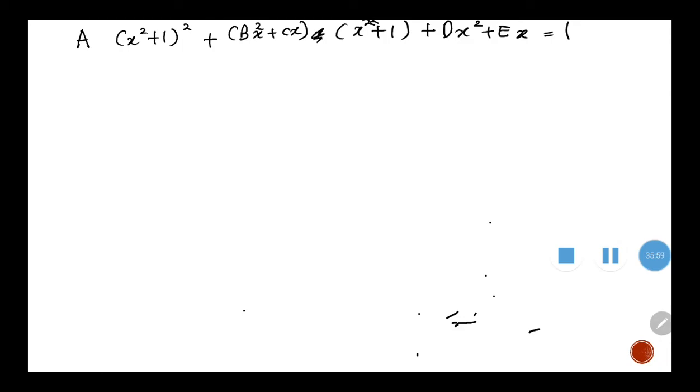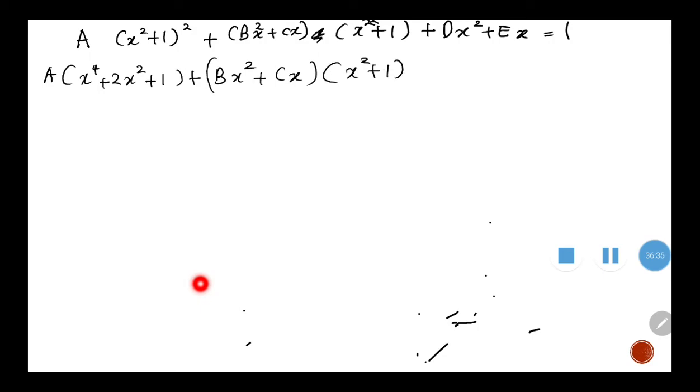So now we want to expand this function. When you expand x squared plus 1 squared, you will get this, right? x to the power of 4 plus 2x squared plus 1, plus bx squared plus cx times x squared plus 1, plus dx squared plus ex, equal to 1.